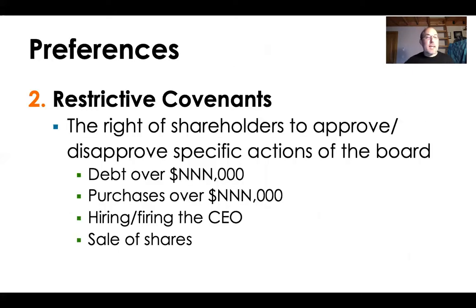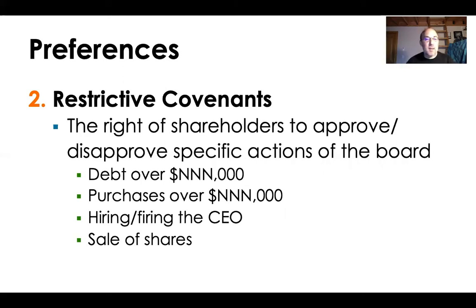And that brings us to the second set of preferences, which are generally called restrictive covenants. There are a few other names for these things, but it's the same kind of list that I just said exists for the board of directors. You can put in your shareholder agreement that the shareholders of Series A, Series B, Series C have the right to approve or disapprove the following list of actions. And it's the same kind of list.